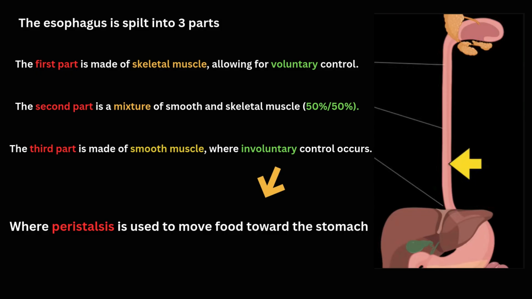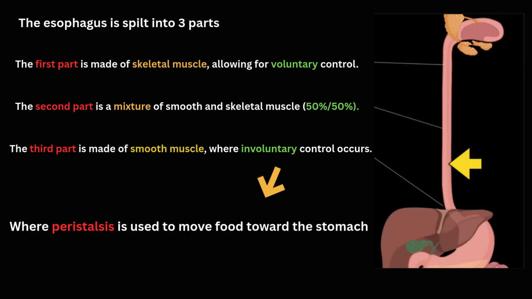The middle part is a mixture of smooth muscle and skeletal muscle, so you can either control it or cannot control it. It's like a 50-50 between them. The lowest part of the esophagus is made out of smooth muscle. When we say smooth muscle, it means it's involuntary, so we cannot control this muscle.